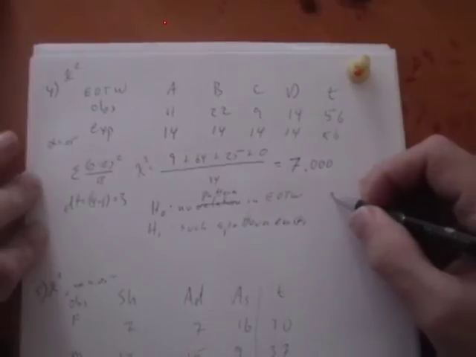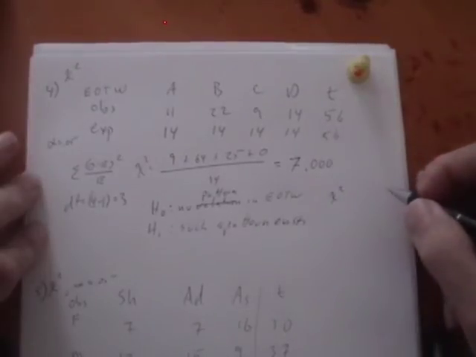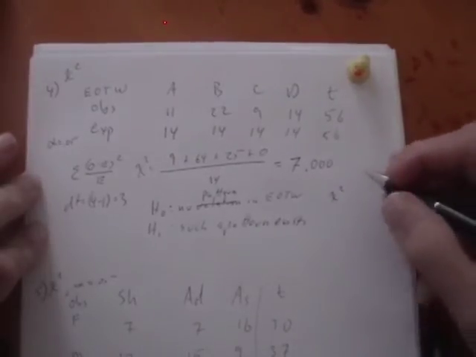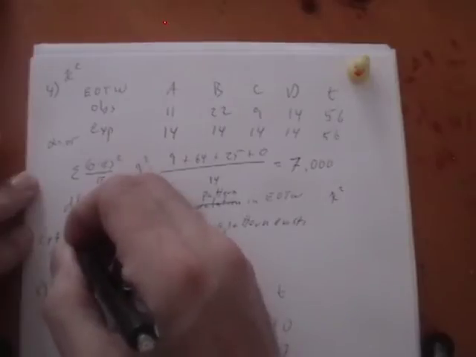Now, I do want you to write chi-squared, but I want you to compare it to your critical chi-squared. I'm looking up the value in the table.